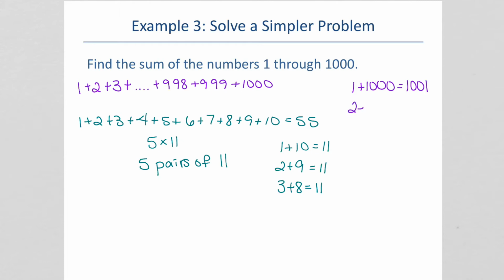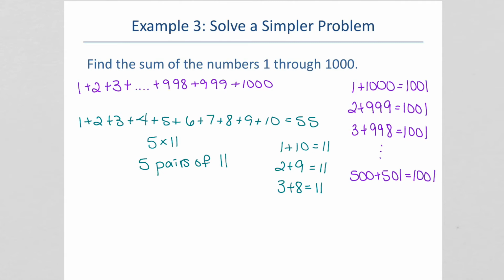Then we would do 2 plus 999 gives us 1001. 3 plus 998 gives us 1001. All the way down to, we would end up with 500 plus 501 gives us 1001.